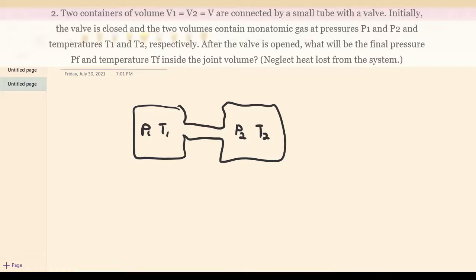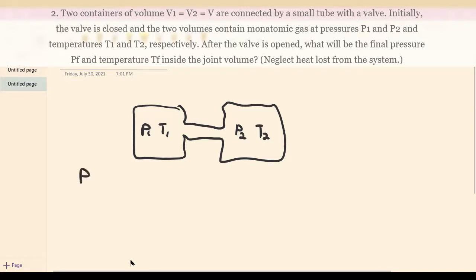And so we want to find the final pressure and temperature after the valve is opened so that they form one big container. Okay, so basically to solve this, we just use something called the ideal gas law, which is that the pressure times the volume is equal to nRT.